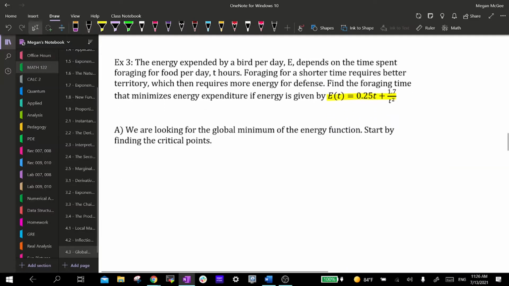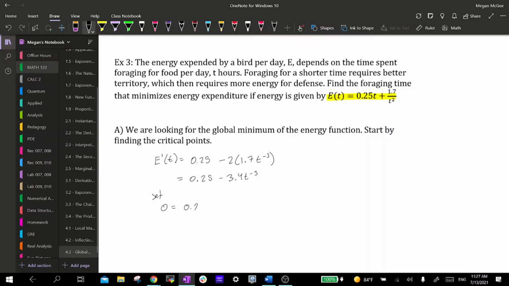And we start finding this by finding the critical points. All right, so we need to take the derivative of our energy function. We'll get 0.25, and then negative 2 times 1.7 t to the negative 3. All right, which gives us our 0.25 minus 3.4 t to the negative 3. Then we want to set this equal to 0 to find our critical points, right?